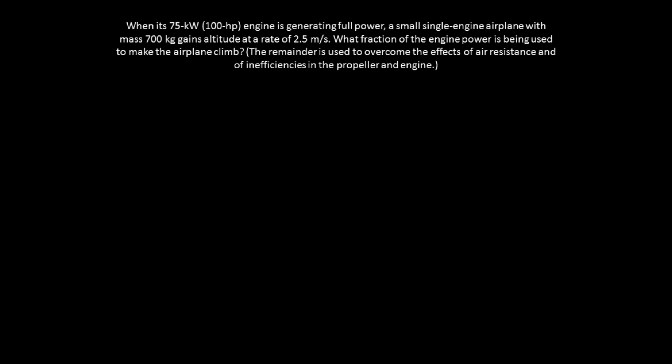What fraction of the engine power is being used to make the airplane climb? The remainder is used to overcome the effects of air resistance and of inefficiencies in the propeller and engine.